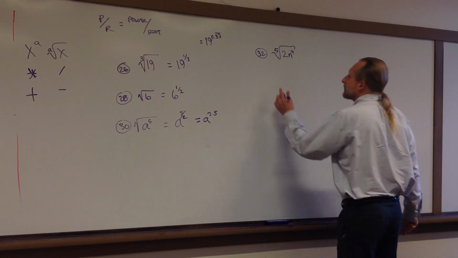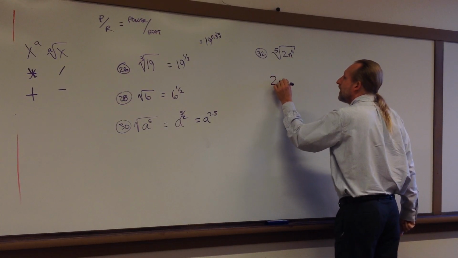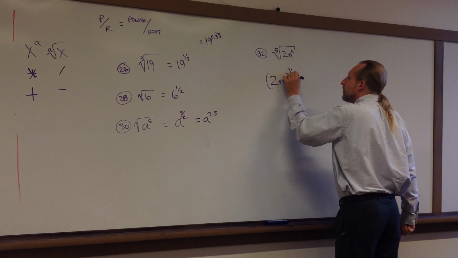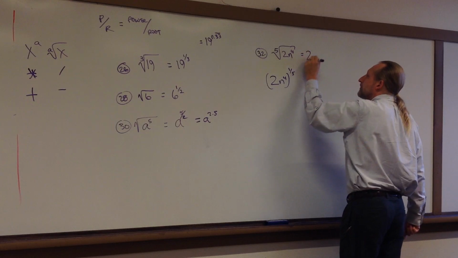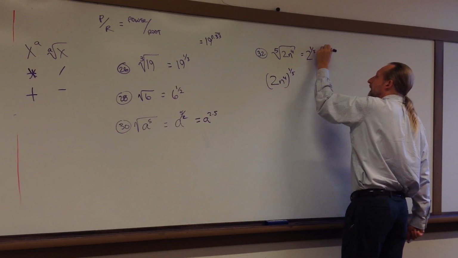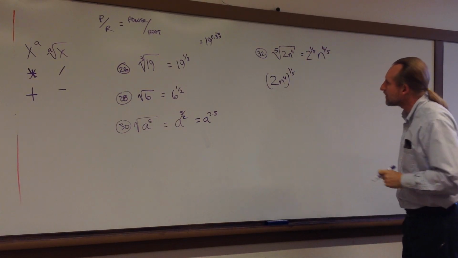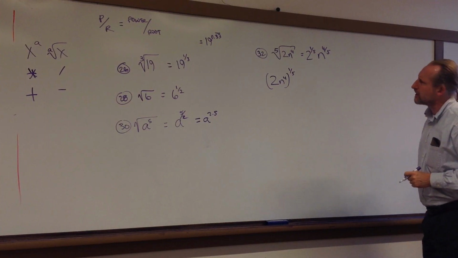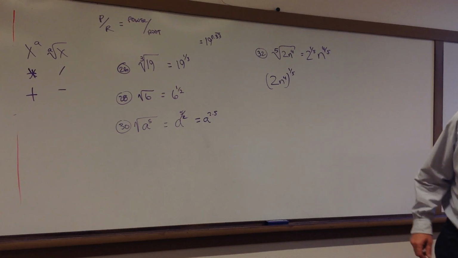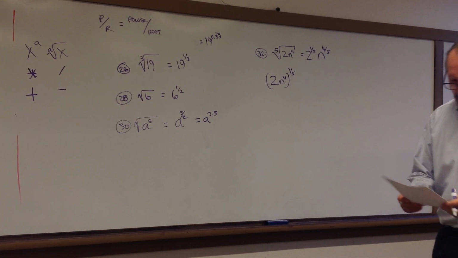So we've got a couple choices. We could go 2n to the fourth to the 1/5 power. You could say 2 to the 1/5 n to the 4/5. That's also correct. I think that's pretty much it for that one.